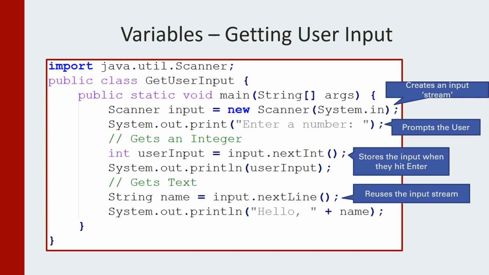And you could continue on using that same scanner object to keep reading input from the keyboard. And then since we're saving all of these variables, we use the stored variable and we do something with it.